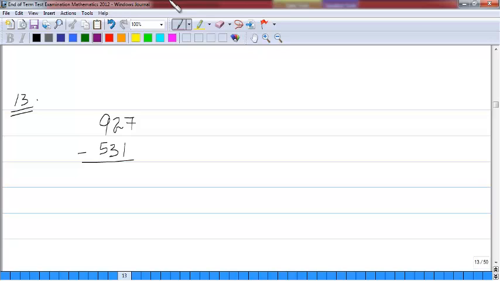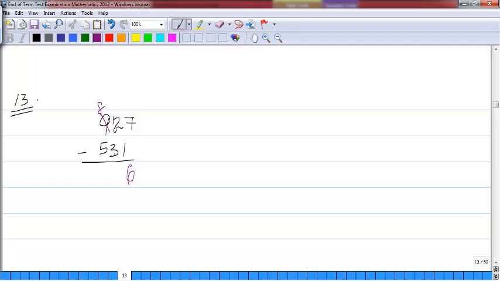Number 13, what is 927 minus 531? So I will now say 1 from 7 will leave me with 6. 3 from 2 can't work, so I'll need to take 1 from the 9, leaving 8. That set of 10 will now go over into the tens column, and with the 2 that's there, this will make 12.